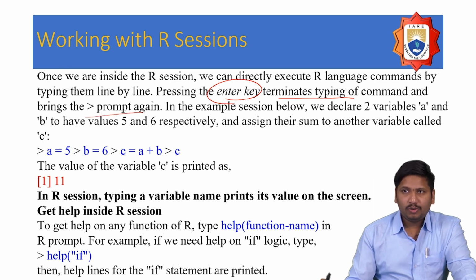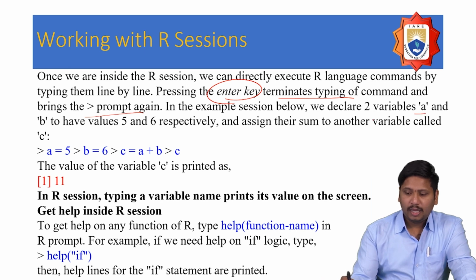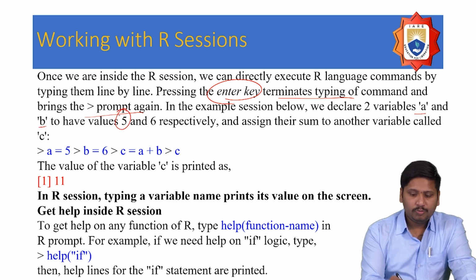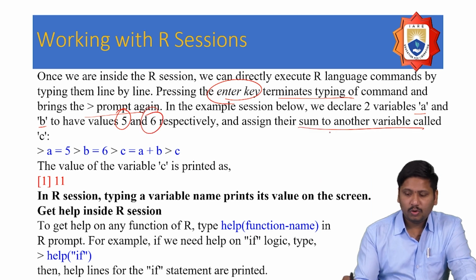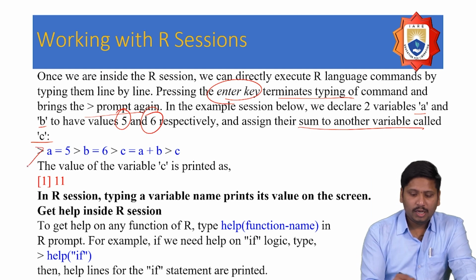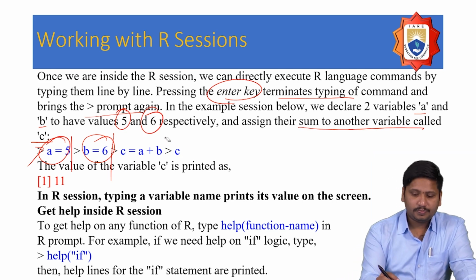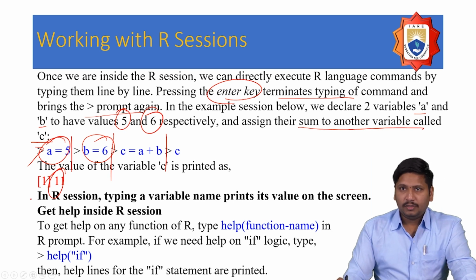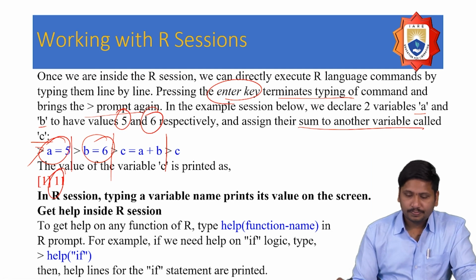For example, if I declare two variables A and B with values 5 and 6, then the sum is going to be stored in C. This arrow is the starting indication. So I'm assigning A equal to 5, and next B equal to 6, and next I'm adding A plus B. And just showing C, I can get the result as 11 based on the printing of C.